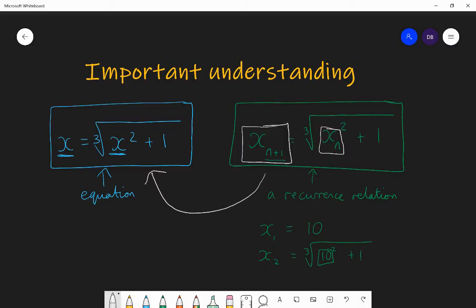So sometimes that will happen. Sometimes a recurrence relation will converge to a specific value. And if it converges to a specific value, it has solved the equation. If it diverges, goes away from values, then that won't solve the equation. That won't find a specific value for which the x on the left side of the equation is equal to the x value on the right side of the equation.